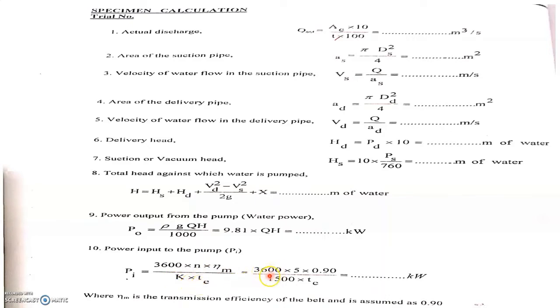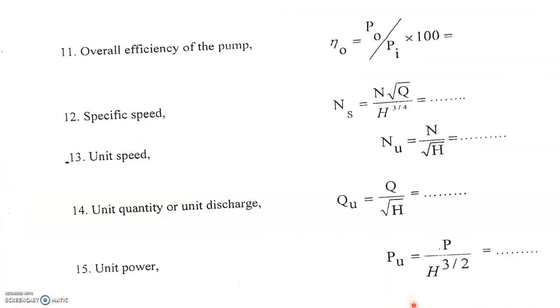You can write it directly with N being the value over here, and Nm being 0.90 by 1500 into TC. Nm is the transmission efficiency of the belt, and it has been assumed as 0.9, as given in the manual itself.